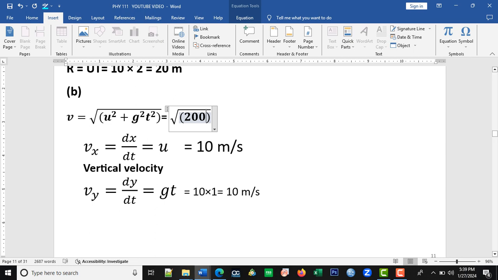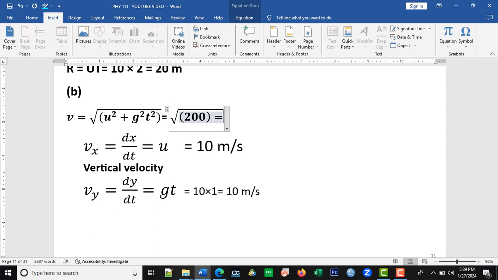We can simply write this, let me simplify this, as 10 root 2.